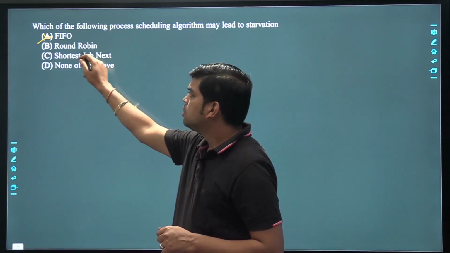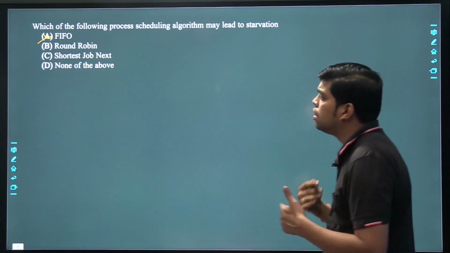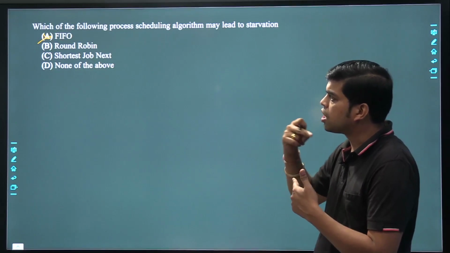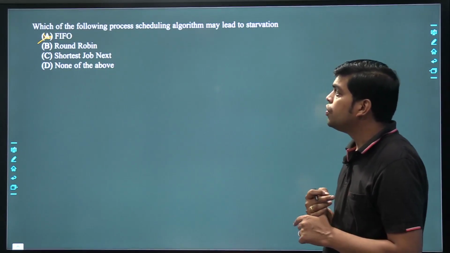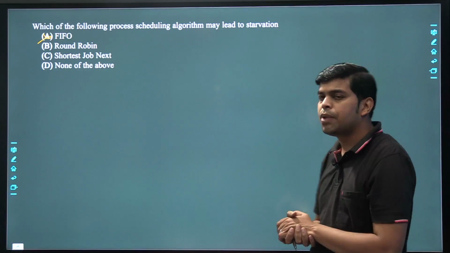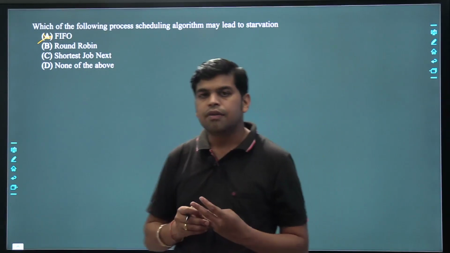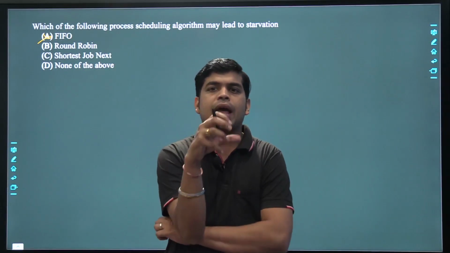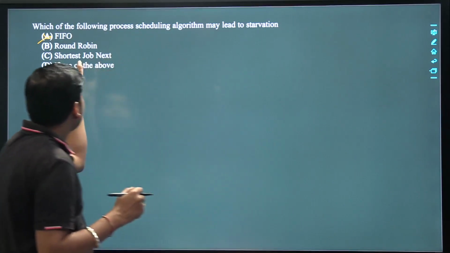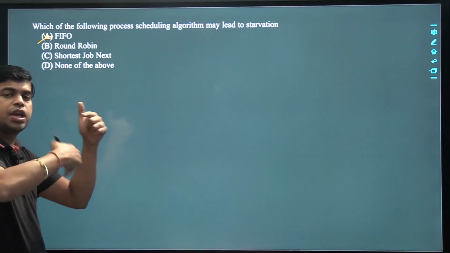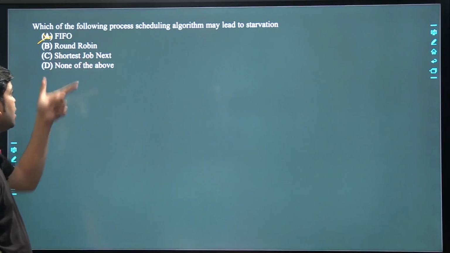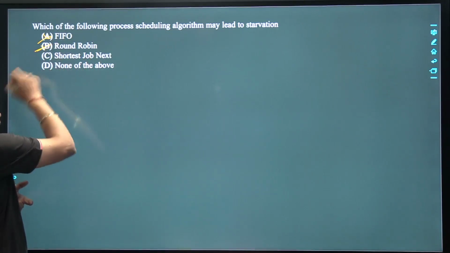Then round robin, shortest job next, and none of the above. In the preemptive technique, round robin, definitely it gives a chance to each and every process. So there is no possibility of starvation.